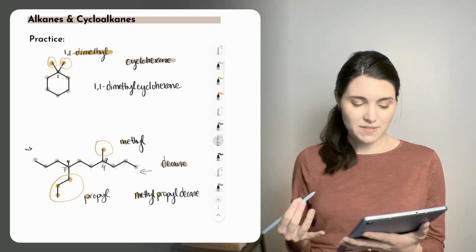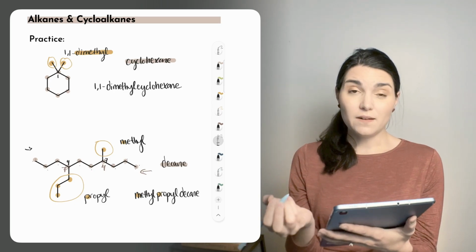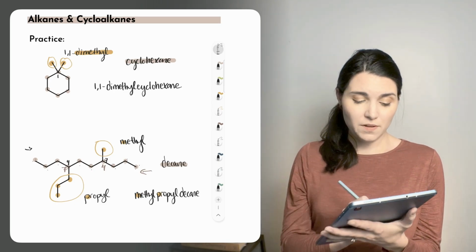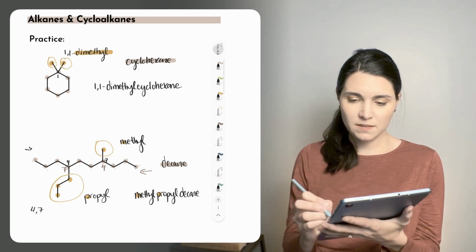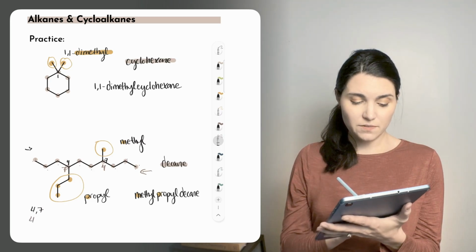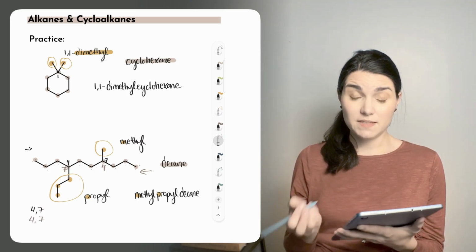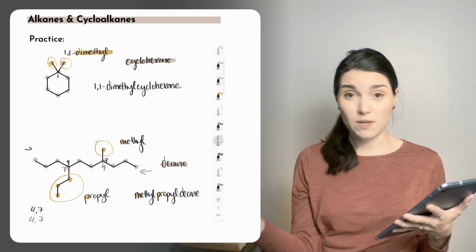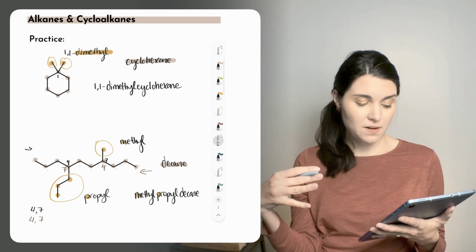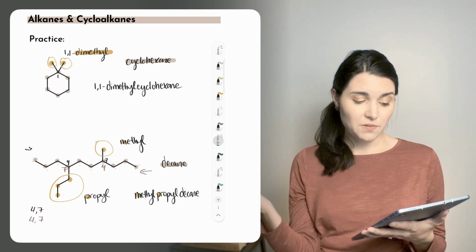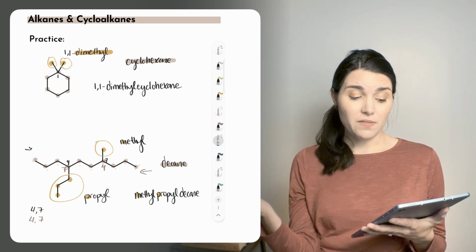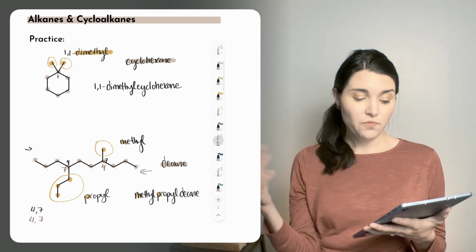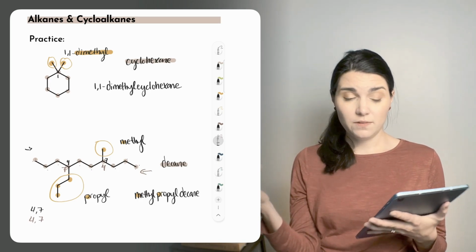So this is an interesting situation here. We have locants of 4 and 7 versus 4 and 7. It's the same, it's a tie. Either way we number from one end of the molecule to the other, we're going to get 4 and 7. So we'll either have 4-methyl 7-propyl or 4-propyl 7-methyl, one or the other.